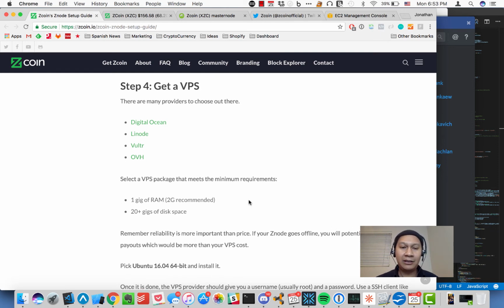I'm going with AWS. It's pretty straightforward for me to set up an Ubuntu VPS, and it costs about $15. A little bit more than a lot of these other VPSs, but I prefer to have nice managed hosting with a reliable company, and I've been using AWS for a couple of years now and really like what they're able to offer.